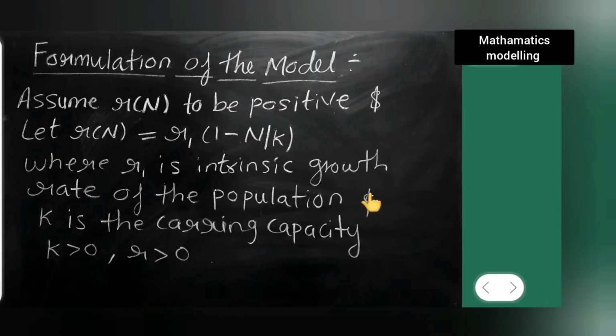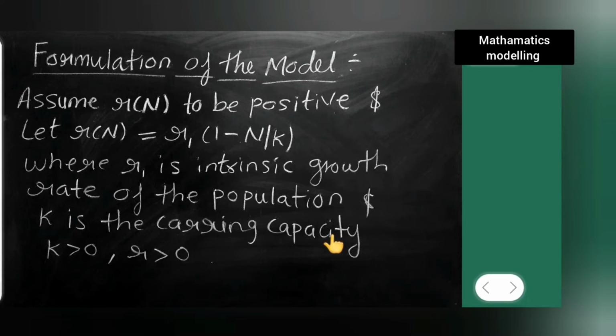Next, let us see the formulation of the model. Assume R of n to be positive. Let R of n equal R1 into 1 minus n upon k, where R1 is the intrinsic growth rate of the population and k is the carrying capacity.